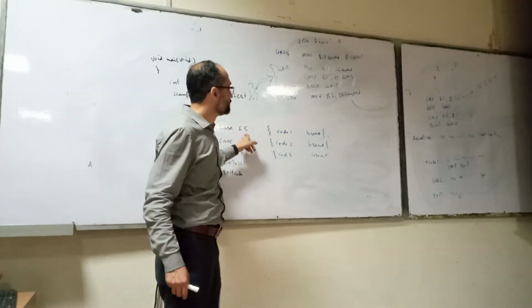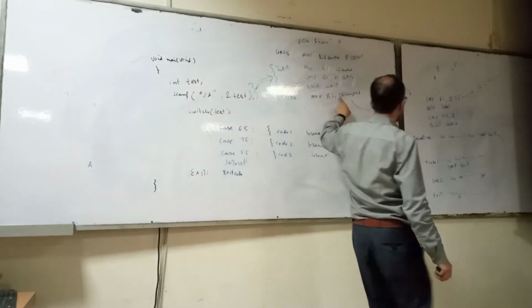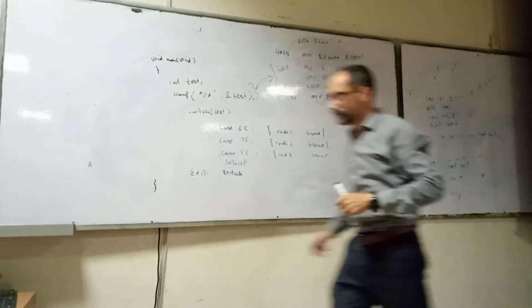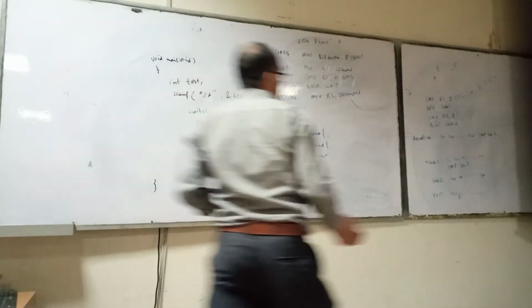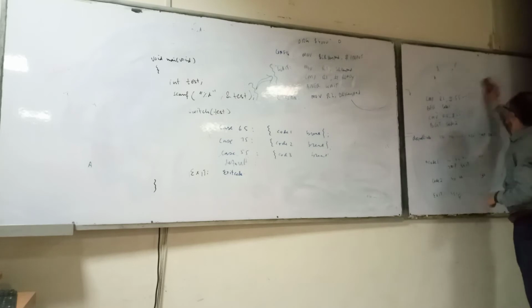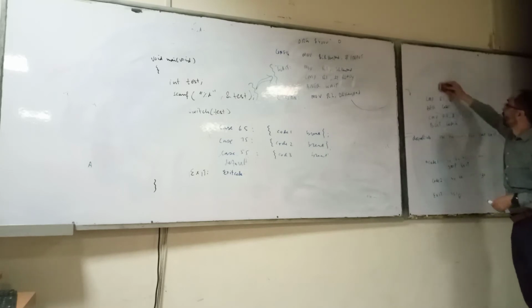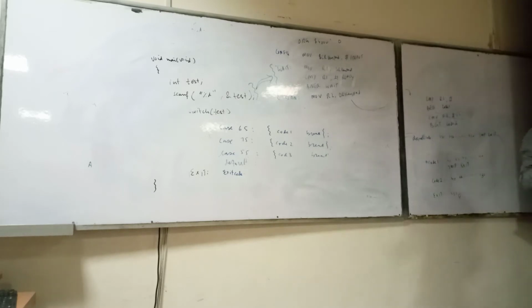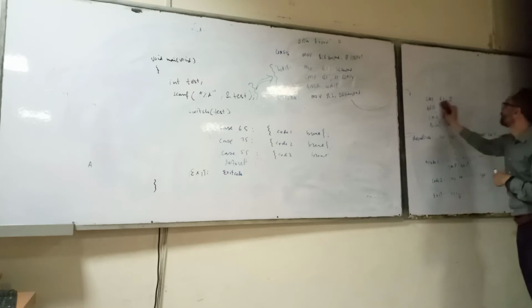We have again test, move, compare. Now we are changing the code here. In the previous case, we were only comparing with a single value, 55, so we were not using multiple instructions.